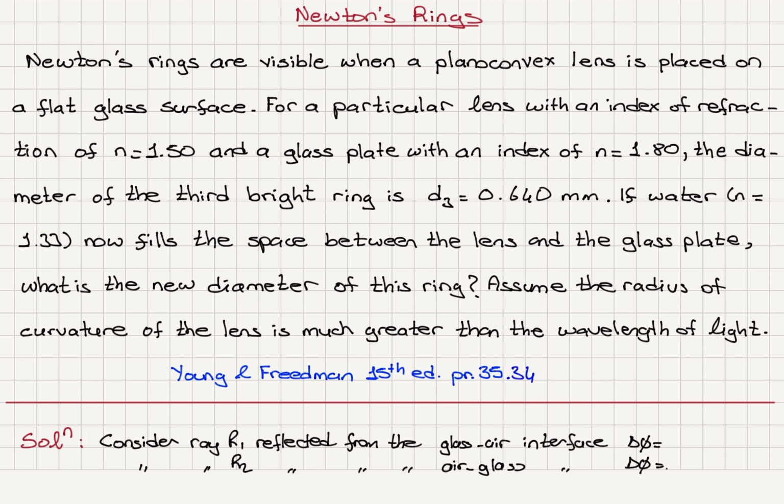If water, n equals 1.33, now fills the space between the lens and the glass plate, what is the new diameter of this ring? Assume the radius of curvature of the lens is much greater than the wavelength of light.